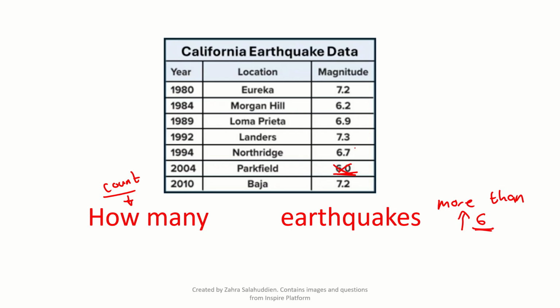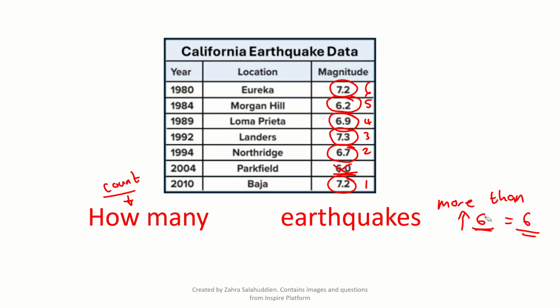Anything bigger than 6. 6.7 is bigger than 6. 7.3 is bigger than 6. 6.9 is bigger than 6. 6.2 is bigger than 6. 7.2 is bigger than 6. How many is that? 1, 2, 3, 4, 5, 6. My answer is 6.